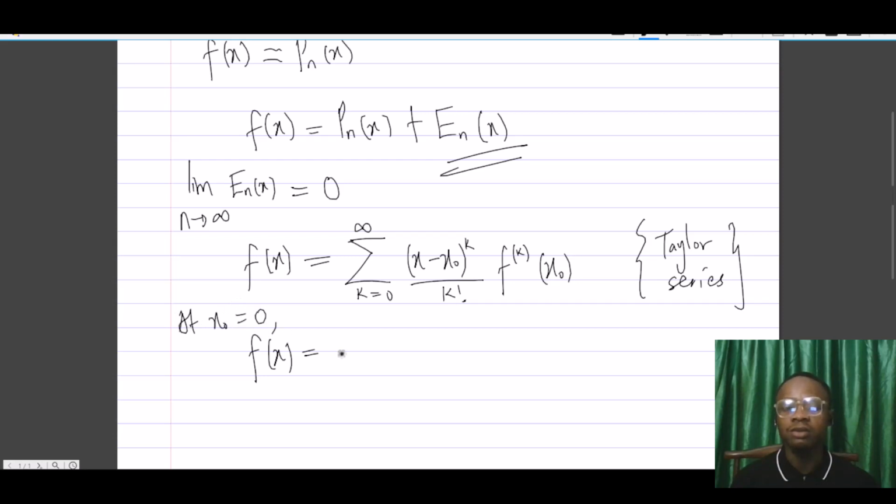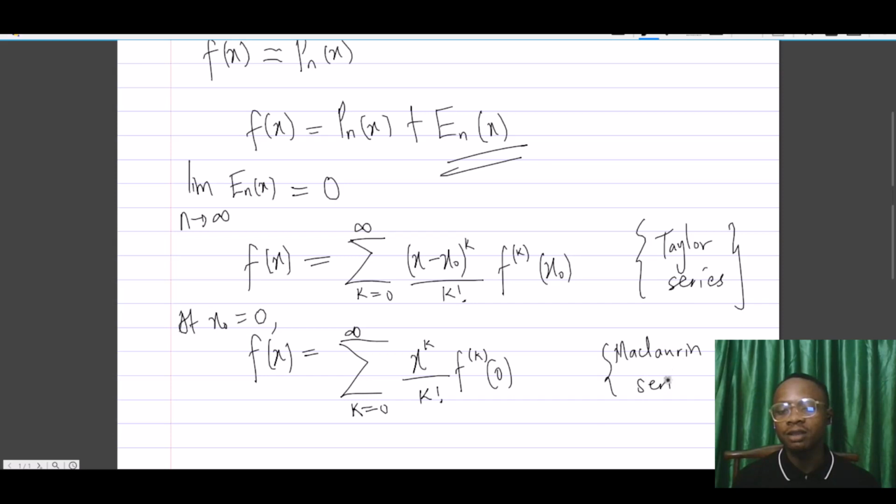At x naught equals 0, we obtain the summation, still from k equal to 0 to infinity, and instead of x minus x naught, it is x minus 0, which is just x to the power of k divided by k factorial, multiplied by the kth derivative of f at the point 0. We call this the Maclaurin series representation of the function f of x.